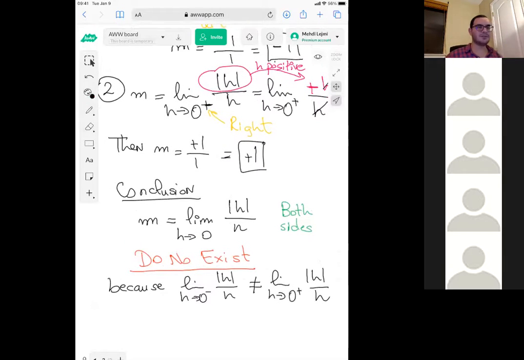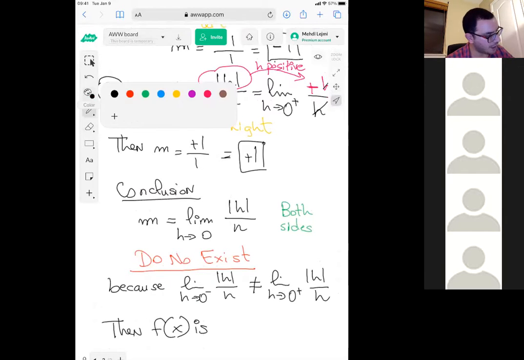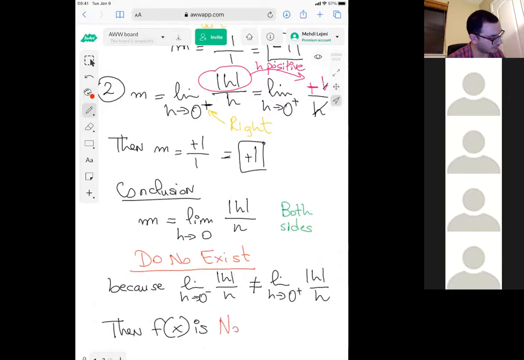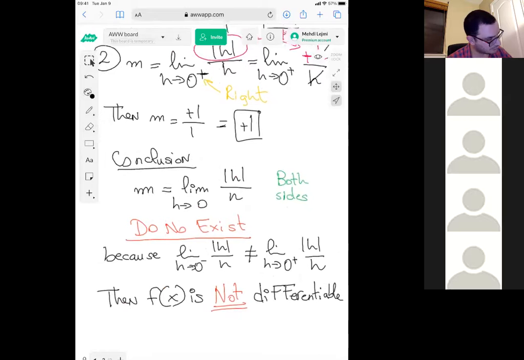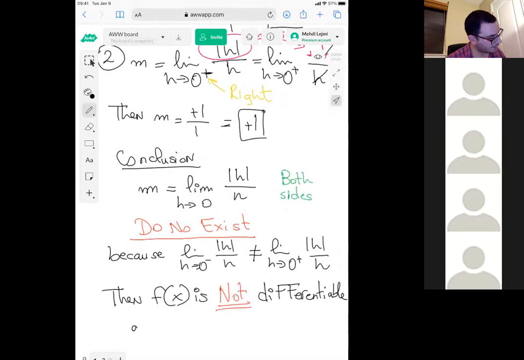So if your m does not exist, then f of x is not differentiable at x equal to 0.